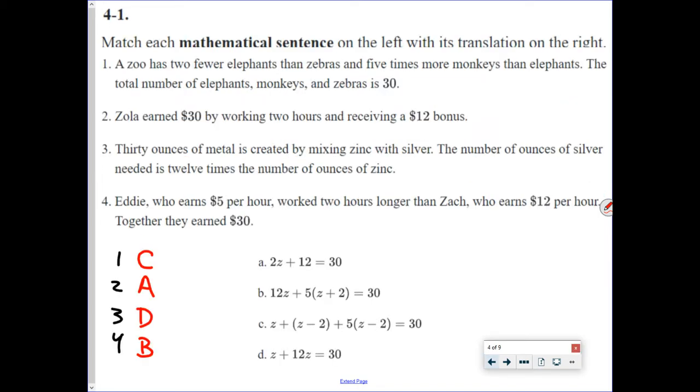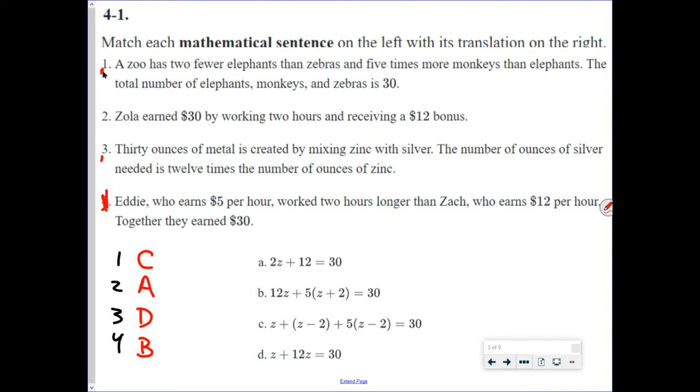Okay, so go back here and I want you to now focus on number 1, the zoo, number 3, the ounces of zinc here, and number 4, the pay, okay? Write a let statement now for all 3 of those. Okay, I didn't tell you to pause, hopefully you paused, but let's go for it. Let's talk about this last one, and it really doesn't matter, we'll just go from here.